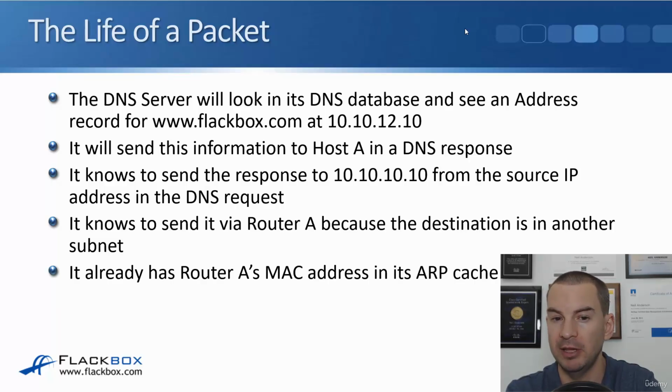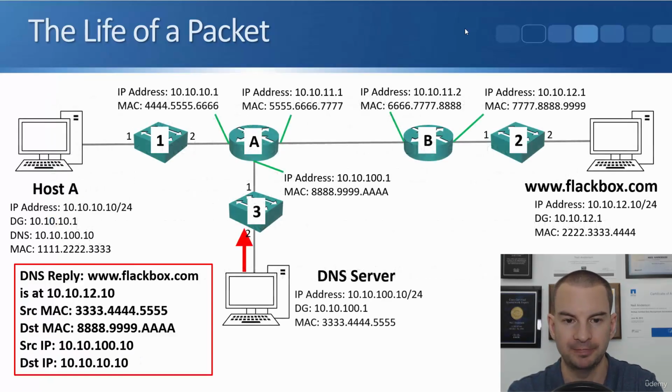It will send that information back to host A in a DNS response. It knows to send the response to 10.10.10.10 because that was the source IP address in the DNS request. And it knows to send it via router A because router A is its default gateway and the destination is in another subnet. The DNS server already has router A's MAC address in its ARP cache, so it does not need to send an ARP request for this.